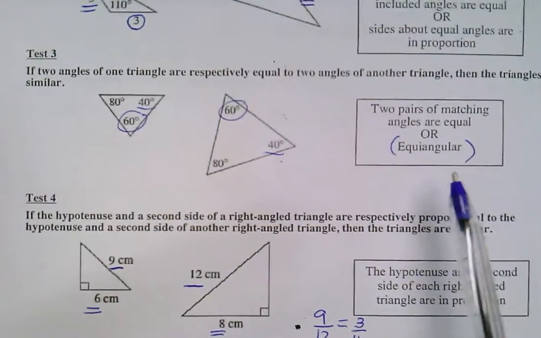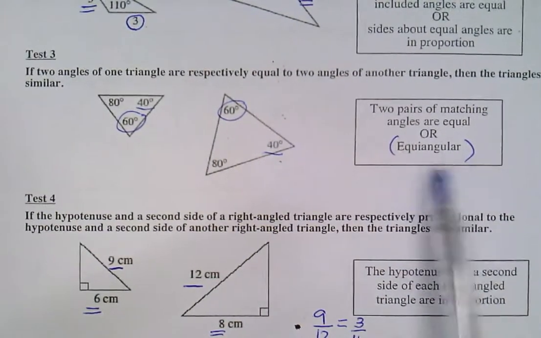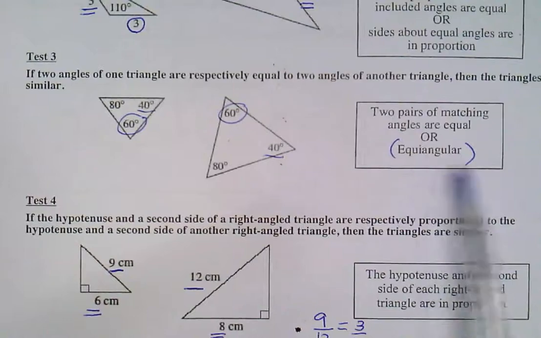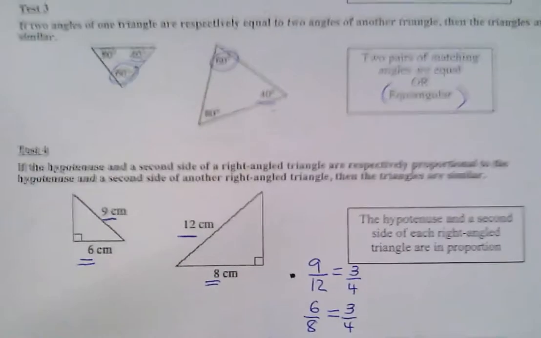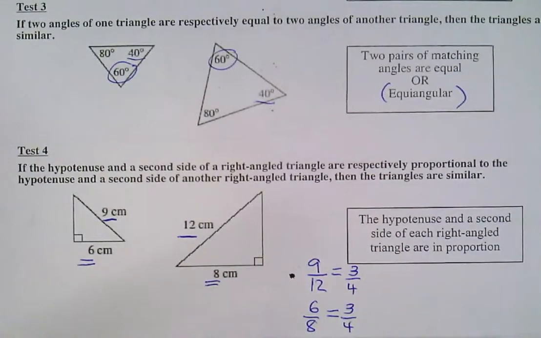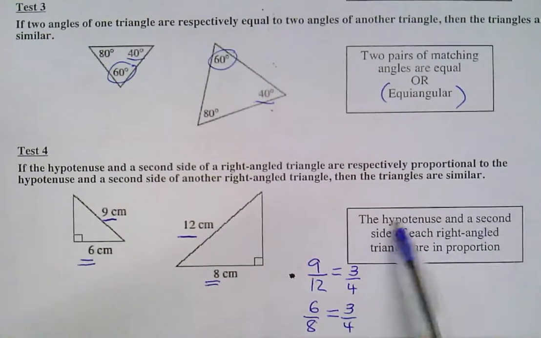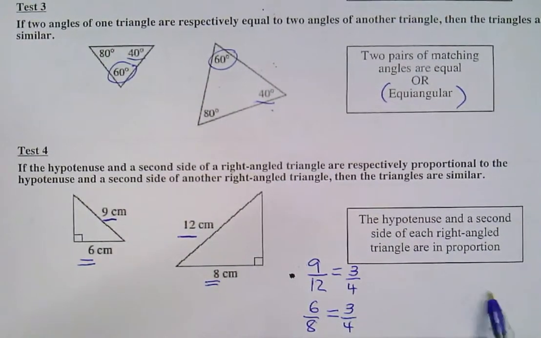It's like AAA or AA. We just say all equal angles, equiangular. And the fourth test is like RHS, but we say hypotenuse and second side in proportion of right angle triangles. The one that's missing is AAS. Drop the S and it becomes AA, equiangular.